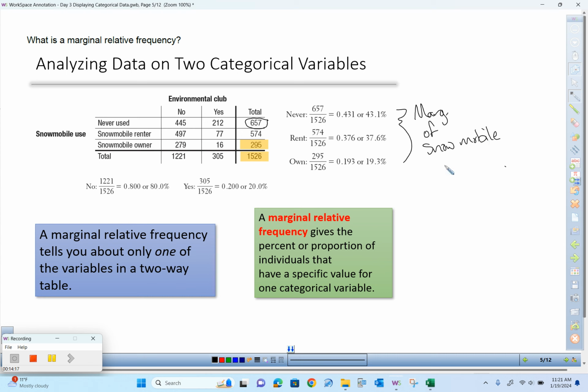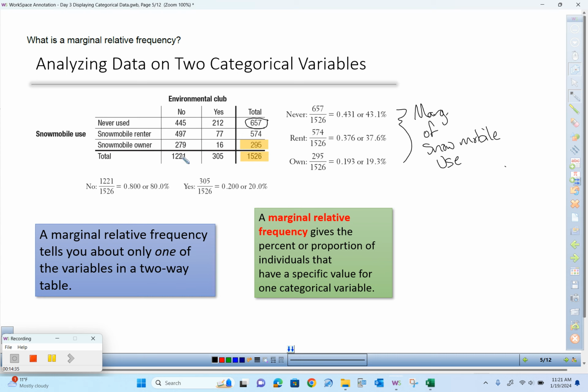I could also do that for whether they are a member of the environmental club. If I want to say the marginal distribution for that, we would talk about all of the no's over the total and all of the yeses over the total. But questions I'm going to ask you are going to be like, give me the proportion of people who are not in the environmental club.